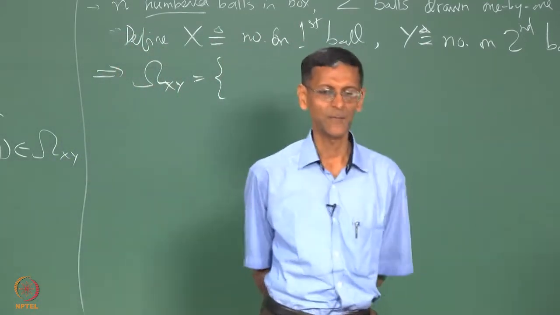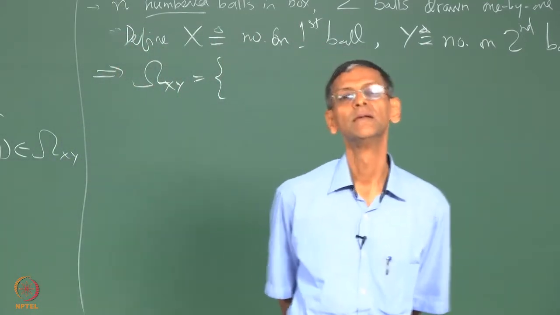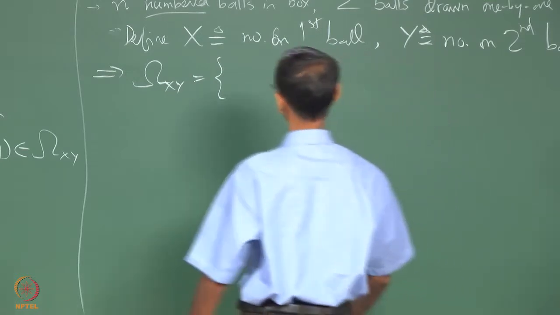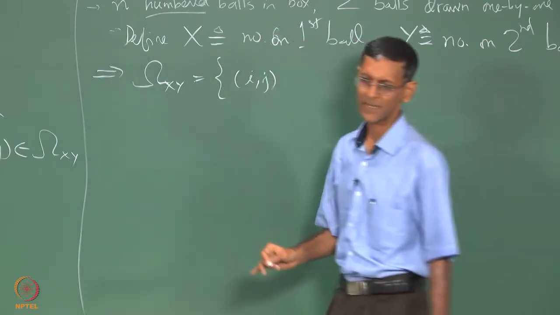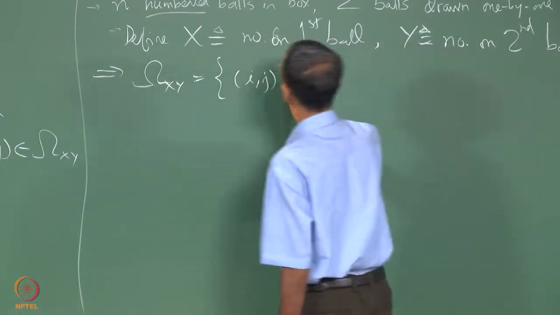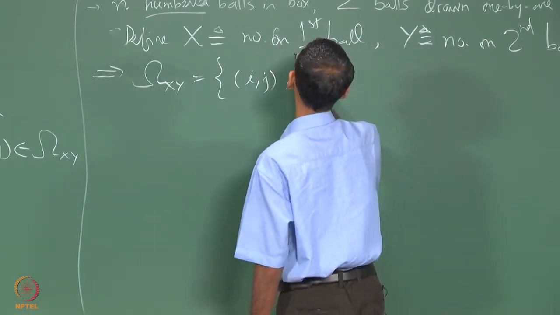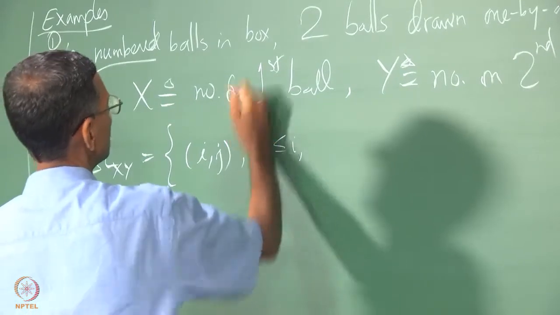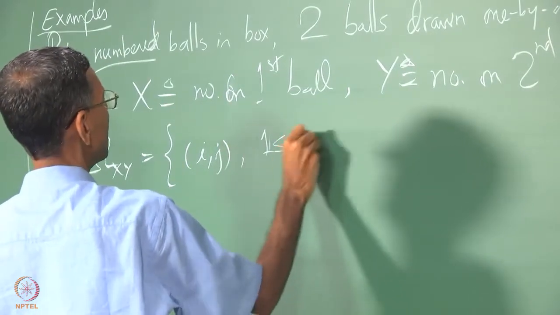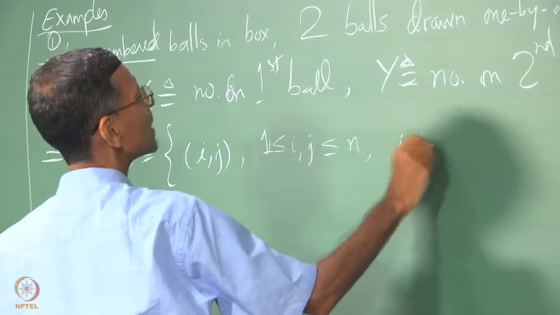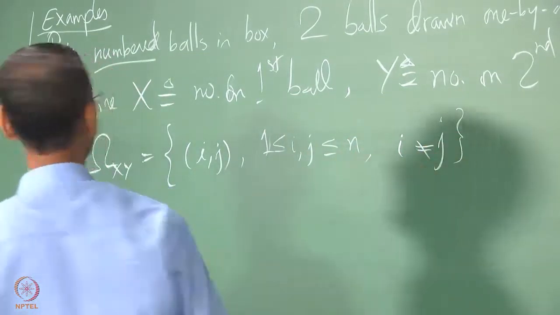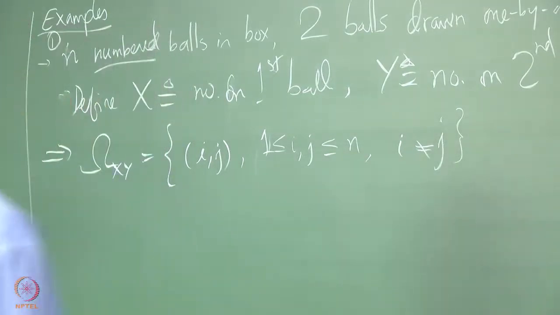If I want to write it mathematically, how will I write it? It's the set of all natural numbers i, j with 1 less than or equal to i, j less than or equal to n, but i obviously cannot be equal to j in this.